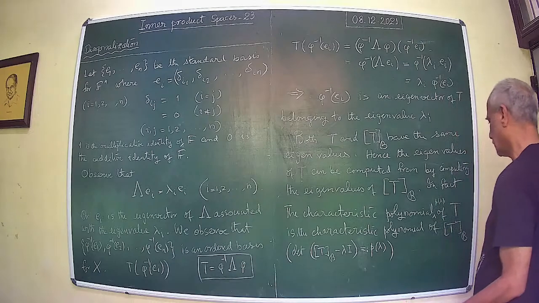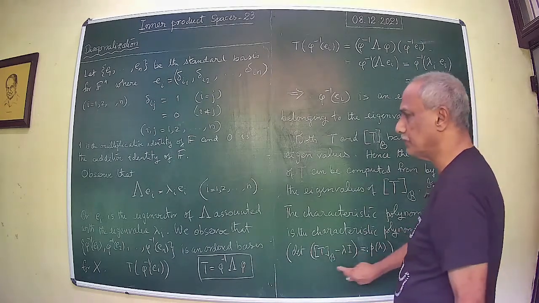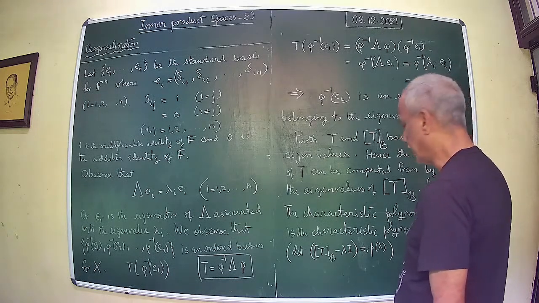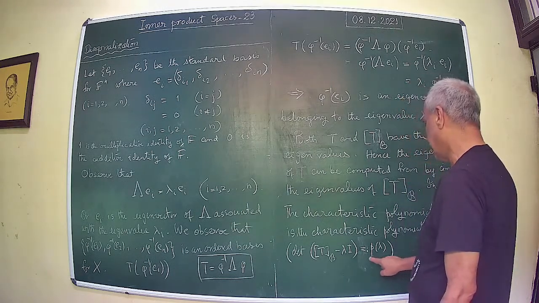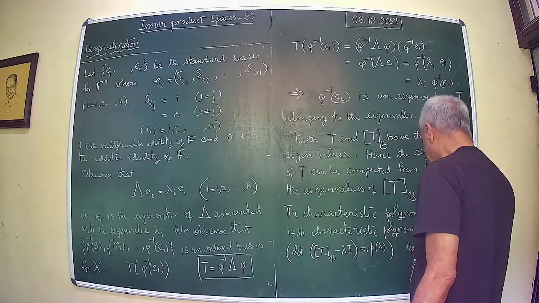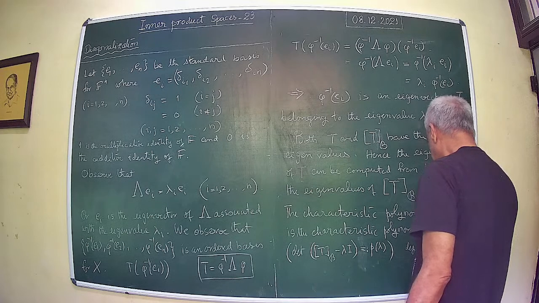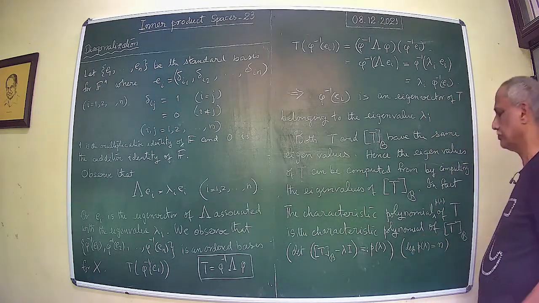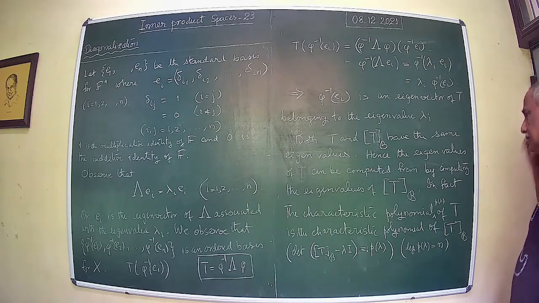And therefore the roots of this P lambda give you the eigenvalues. So this is an nth degree polynomial.